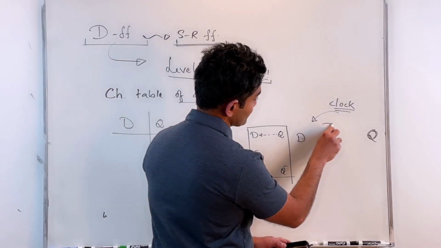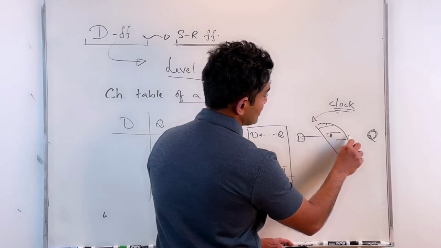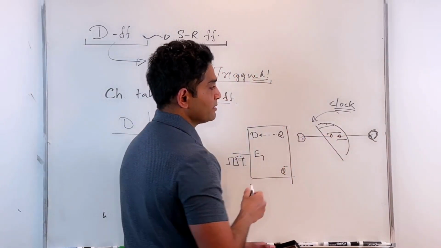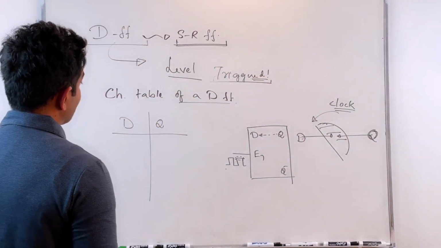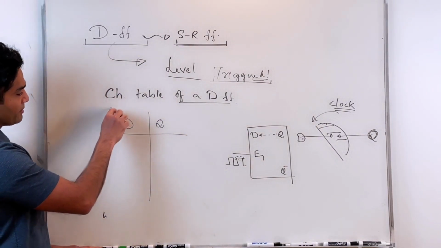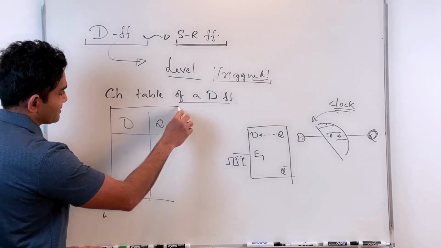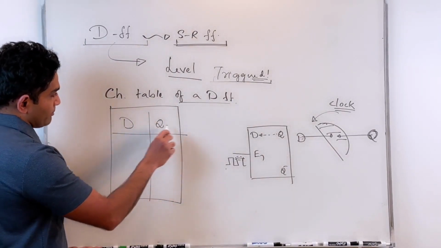I don't know how to draw this. So in this case, something like that, it's blocked. My Q cannot see D. That basically corresponds to the memory state, right? And once the flip-flop is triggered, I can represent the characteristic table just by looking at D and Q. What I apply on D, my Q basically follows.